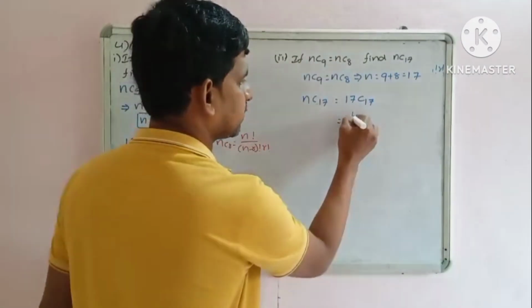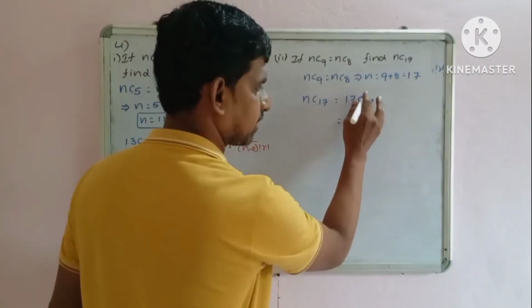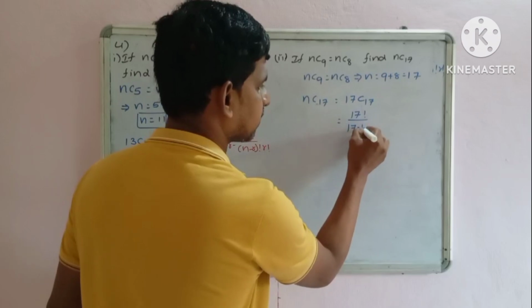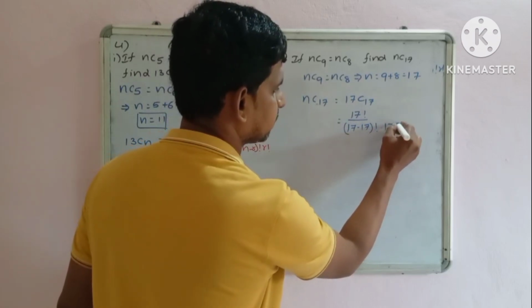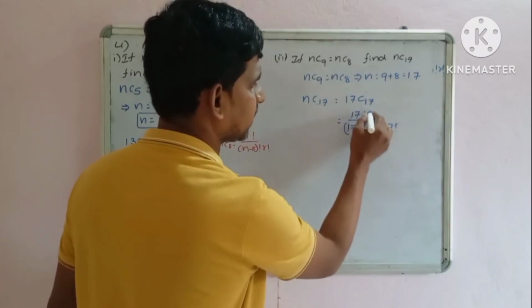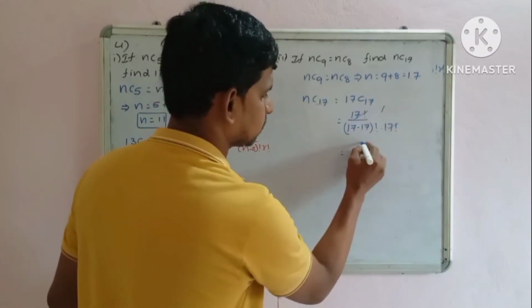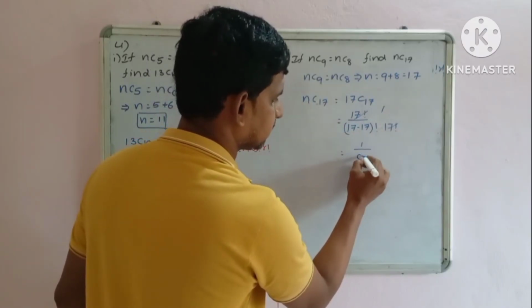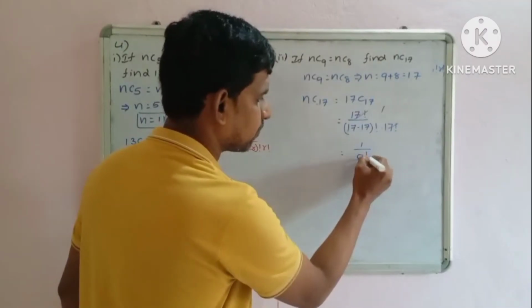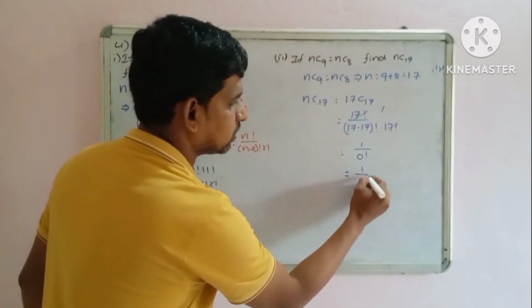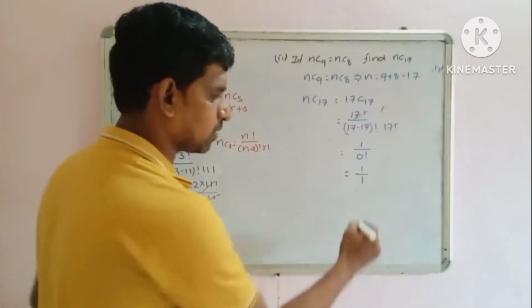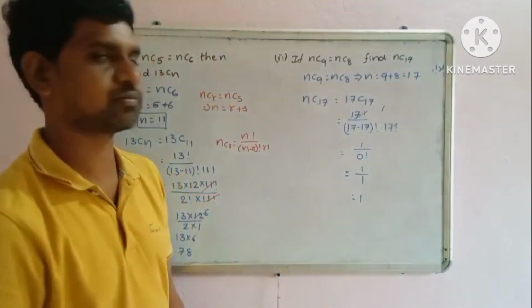So 17 factorial by 17 minus 17 factorial into 17 factorial. 17 factorial one time, so 1 by 17 minus 17, which is 0 factorial. 0 factorial value is 1. 1 by 1 is 1.